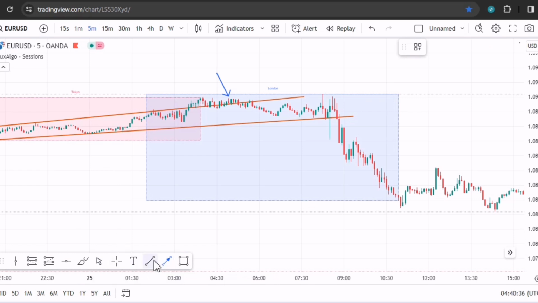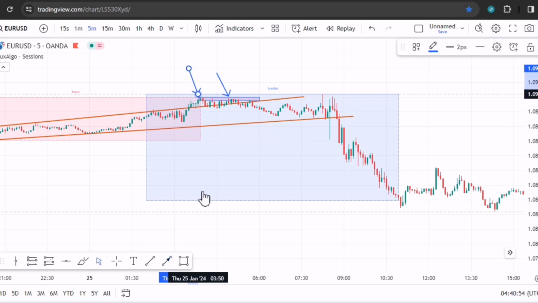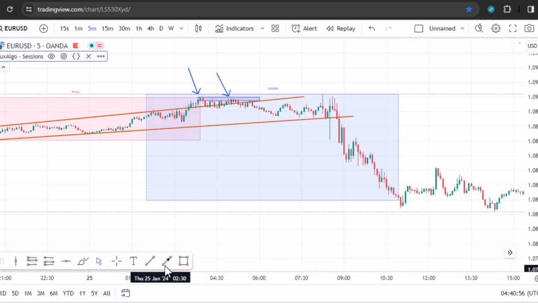Okay, I'm just keeping things very simple. I know that there are other things that you can look at before you place the buy trade. For example, you would want price to close above this key level before you take a buy trade. You see that turning point, it is a key level.